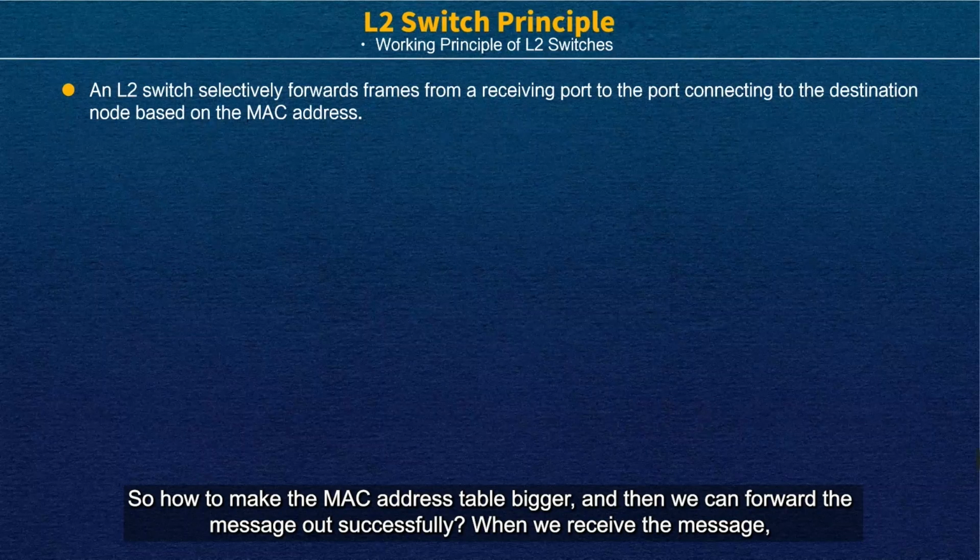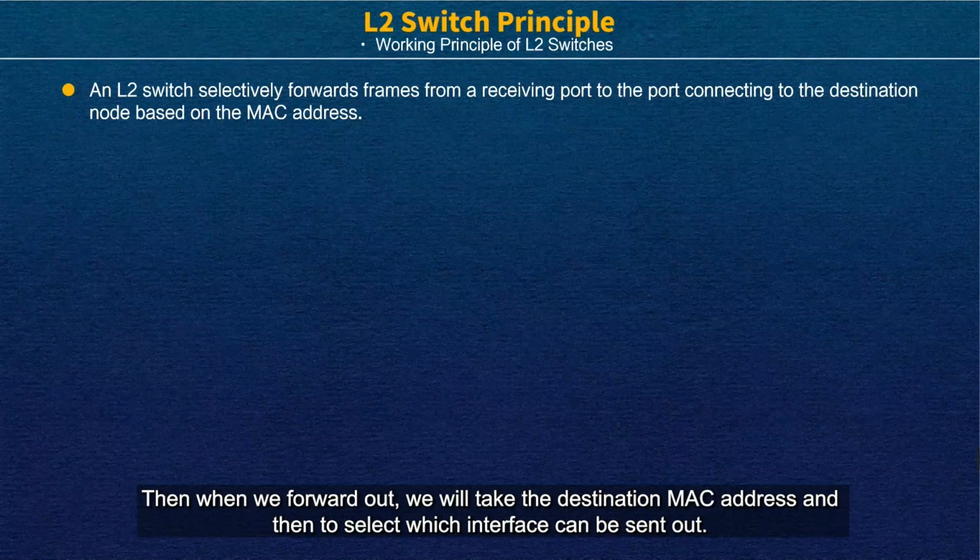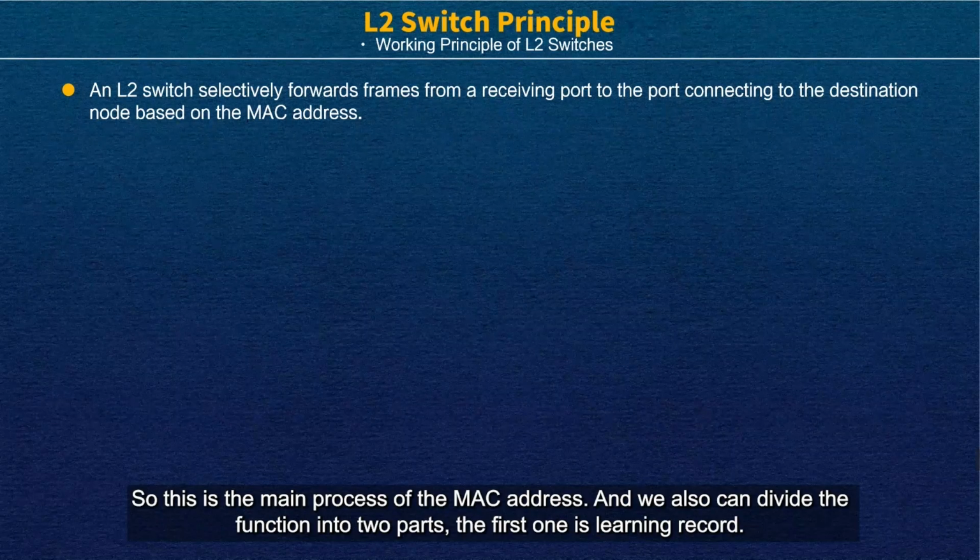When we receive a message, we take the source MAC address, associate it with the receiving interface, and add them into the MAC address table. Then when we forward, we take the destination MAC address and select which interface it can be sent out from. So this is the main process of the MAC address table.